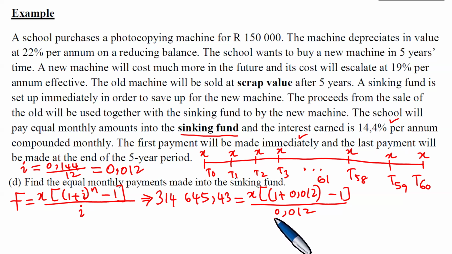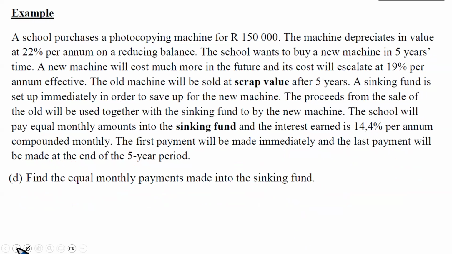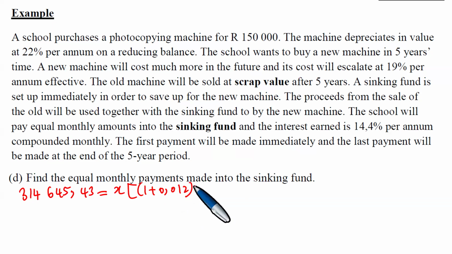To solve for X, we obtain the following. 314,645.43 equals X times (1 plus 0.012 to the nth power minus 1) divided by 0.012.